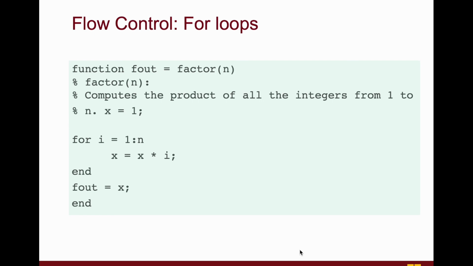Now x is the value 2. Then after this command, I will be increased to 3, and x will be 2 times 3. And then in the next loop, x will be 6 times 4. Going on and on, in the end, we get f out equals x, which is the output of the function, also the factorial of n.